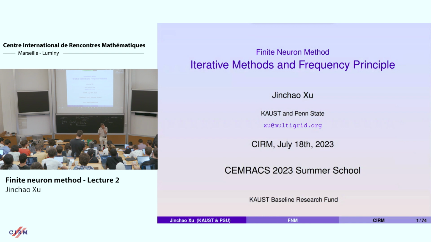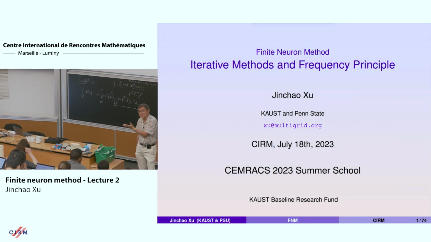I remember in those days, for example, Harry Yserentant, a good friend, was doing the hierarchical basis. He proved that for a certain class of Schrödinger equation, the solution actually belongs to that functional class. Highly anisotropic regularity requirement.